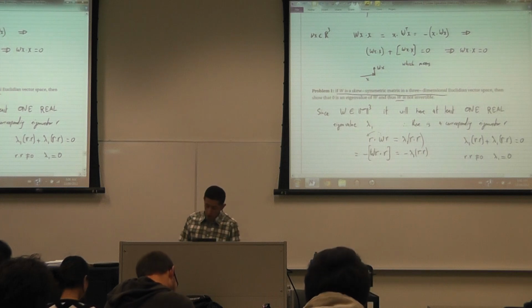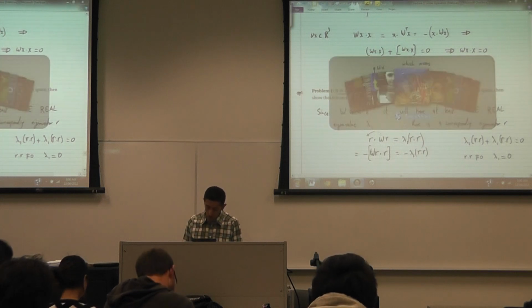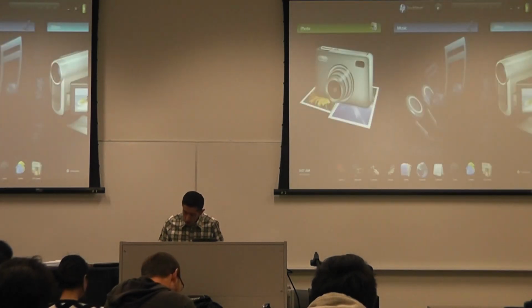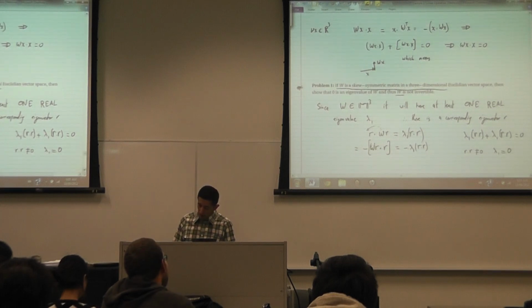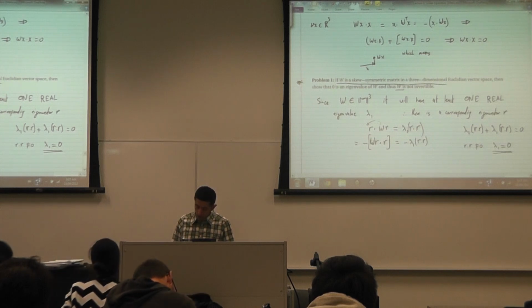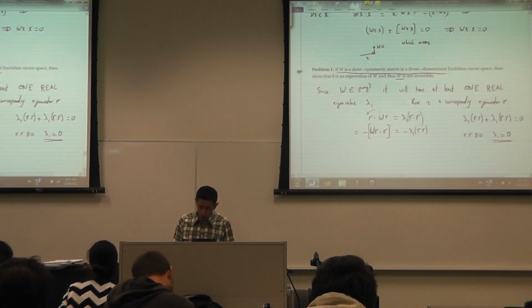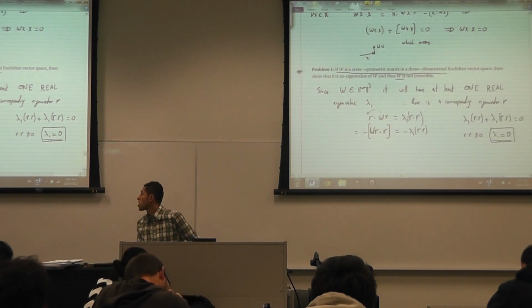And this is true for the one real eigenvector as well, which gives me that the eigenvalue is 0. So there is one real eigenvalue. This is 0, and there is a corresponding eigenvector.